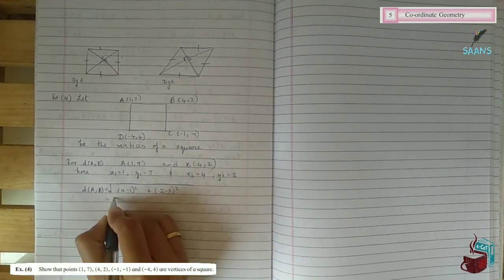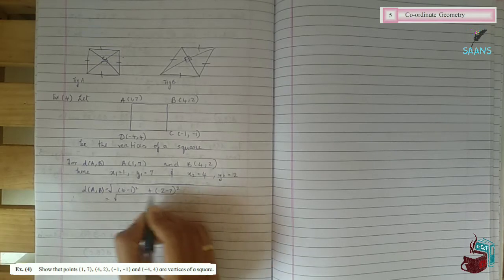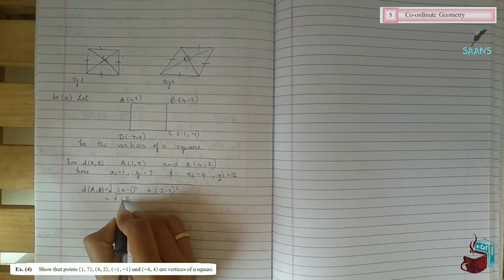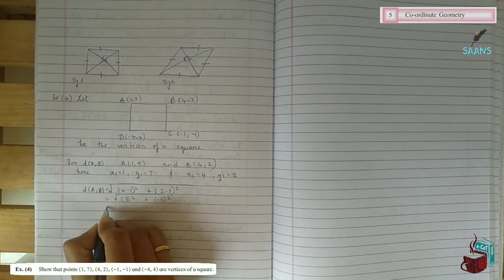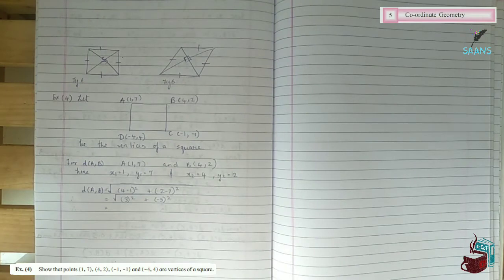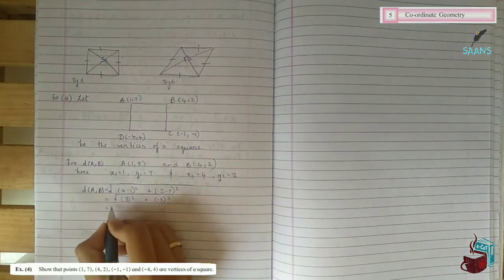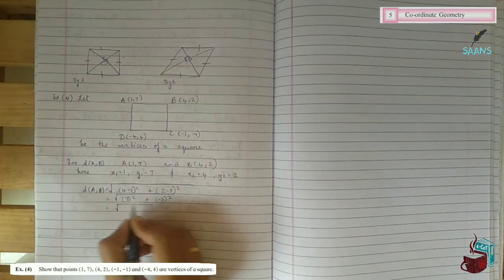Therefore, that is equal to (4 minus 1 is 3) the whole square plus (2 minus 7 is minus 5) the whole square. Therefore, that is equal to under root 9 plus 25.